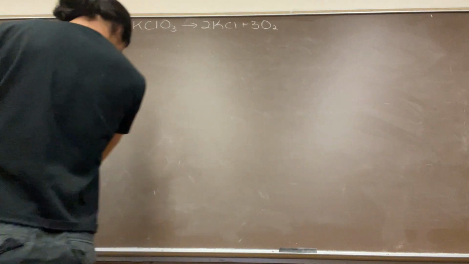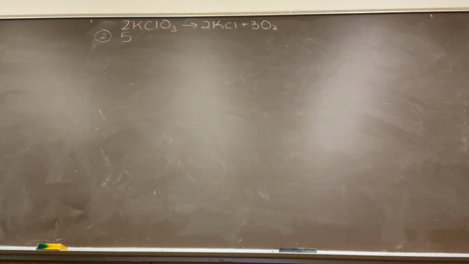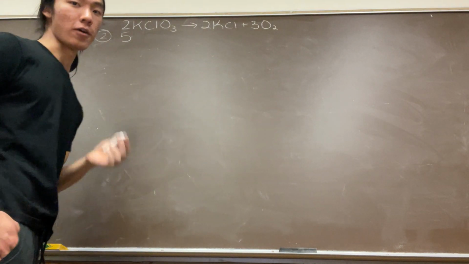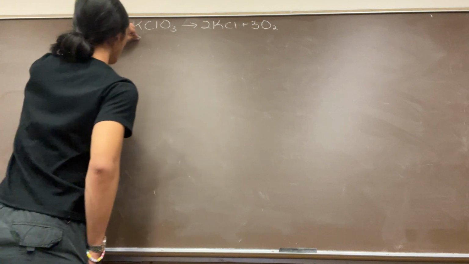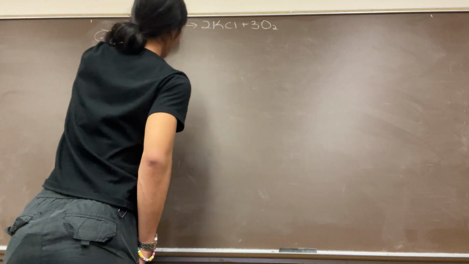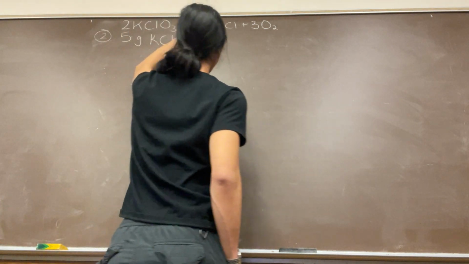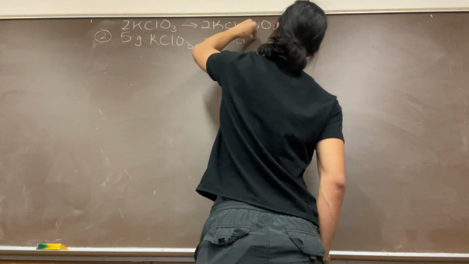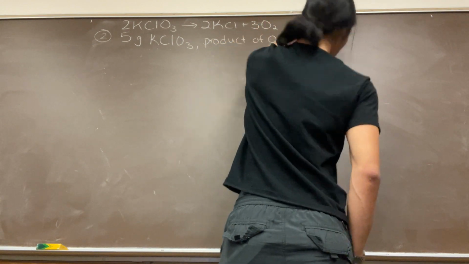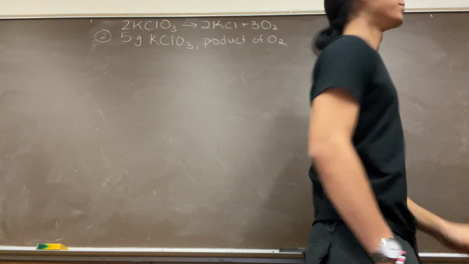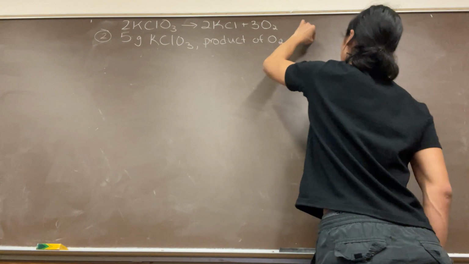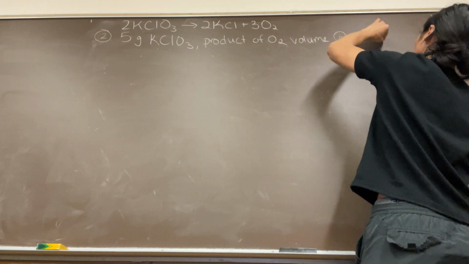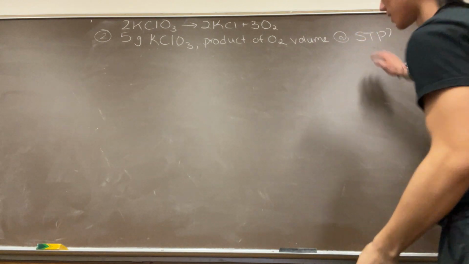All right. So if we have 5 grams of potassium chlorate, it's decomposed, what volume of oxygen is produced? So 5 grams of KClO3 produces O2, and they want this in volume. And this is at standard temperature and pressure.